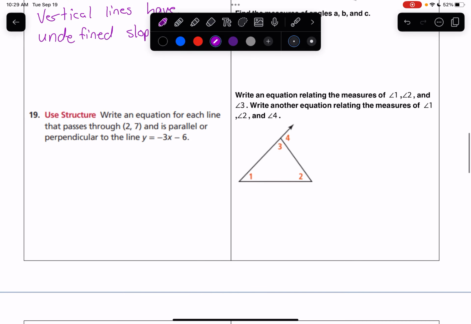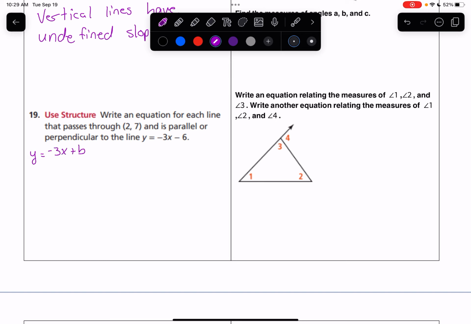All right, number 19, write an equation for each line that passes through 2, 7 and is parallel or perpendicular to the line y equals -3x minus 6. So to find the parallel line, we say, well, it's got to have the same slope, so it's got to be a y equals -3x plus b equation.